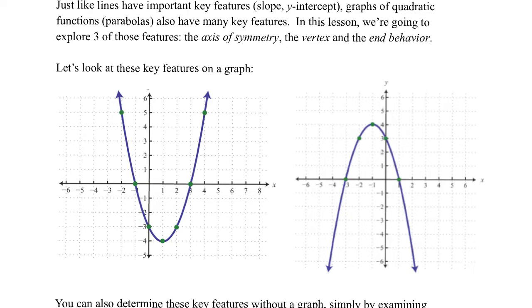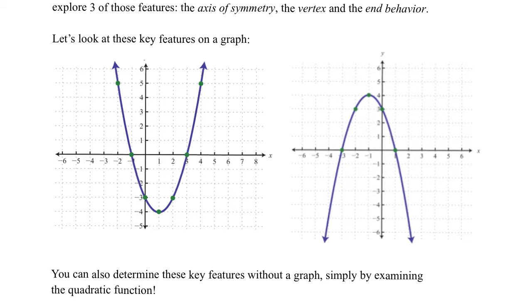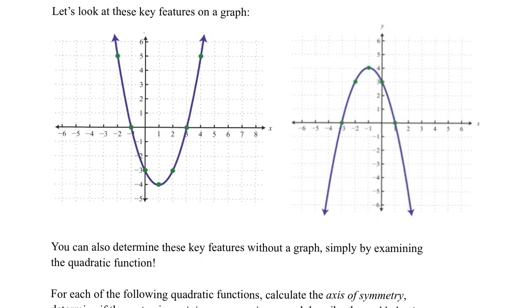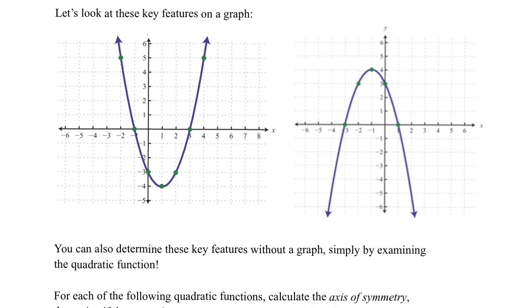We had things like your slope and your y-intercept, and with parabolas or quadratic functions, we have the same key features. We have y-intercepts, we have x-intercepts, and in particular in this lesson, we're going to focus very closely on the axis of symmetry, the vertex, and the end behavior, and I'm going to talk about what all those things are. So let's start with a graph so that we can see what these things look like.